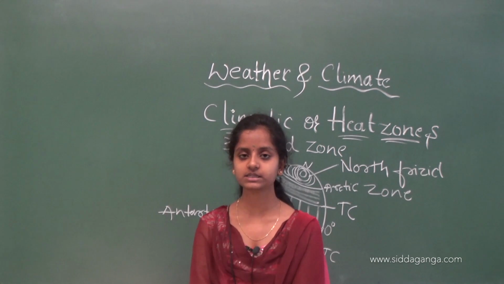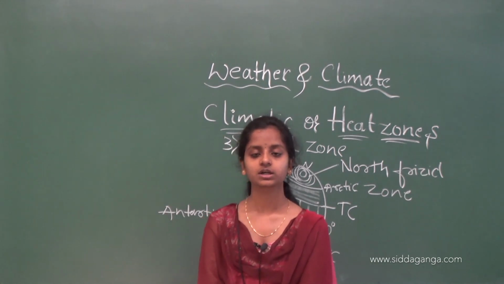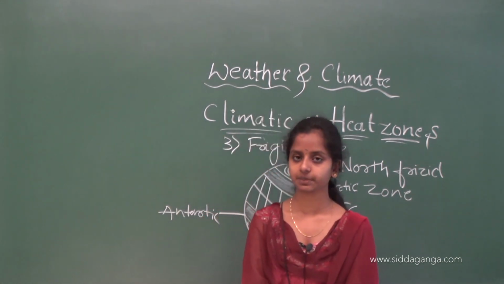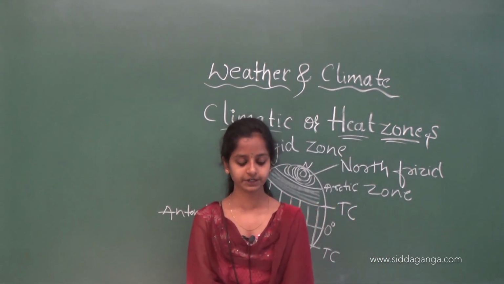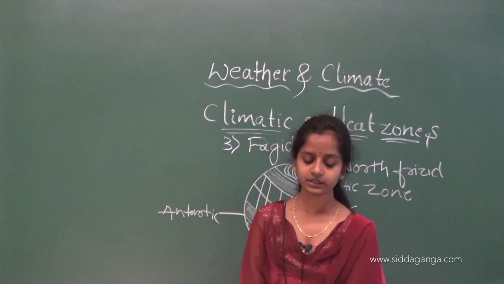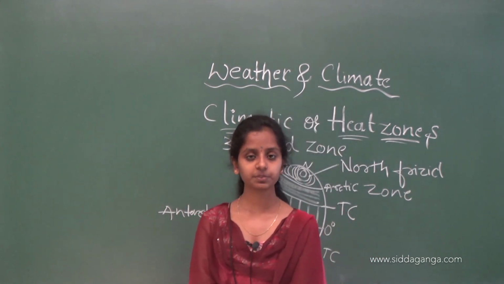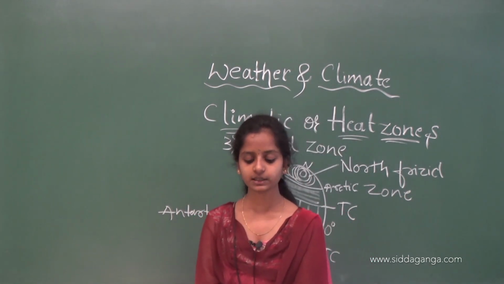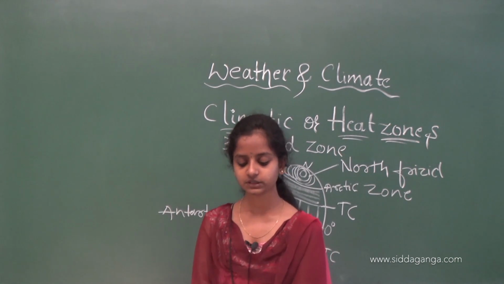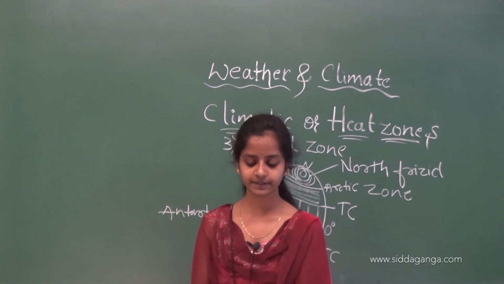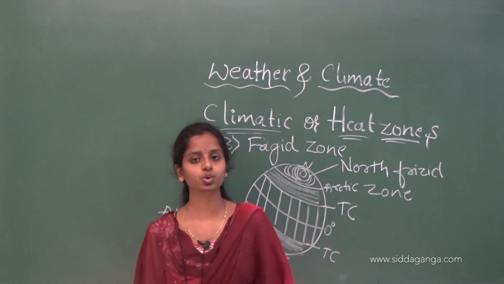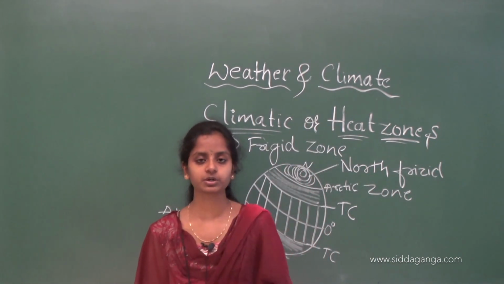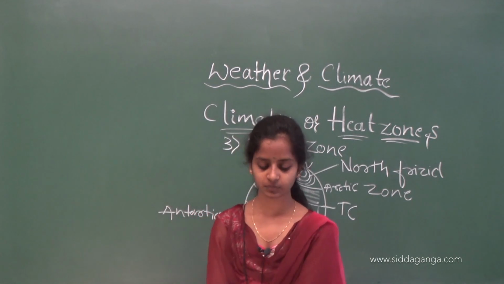So, we know the reasons why the climate changes. At higher altitudes, temperatures are low and they begin to increase with a fall in height. So, at higher altitude, temperature will be low and at lower altitude, temperature will be high.